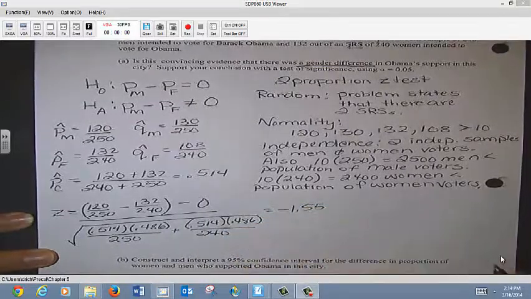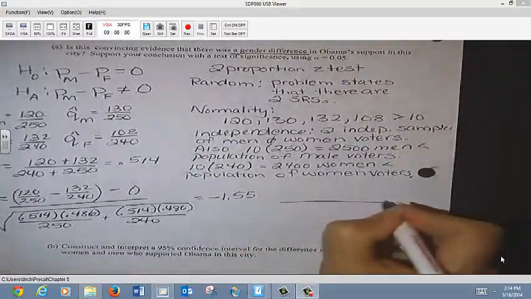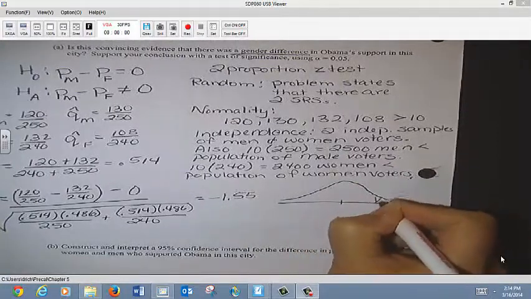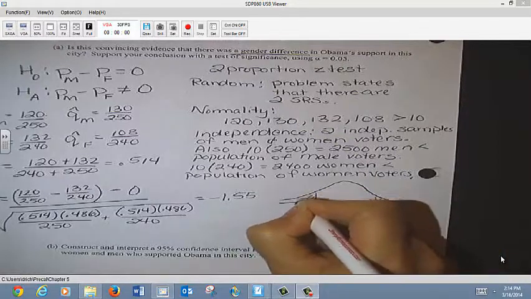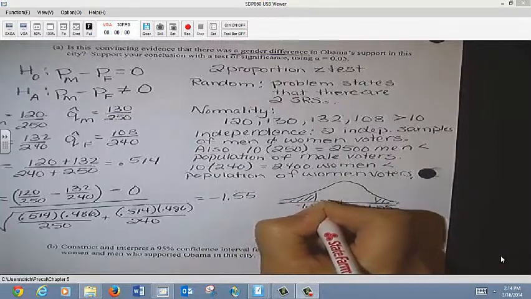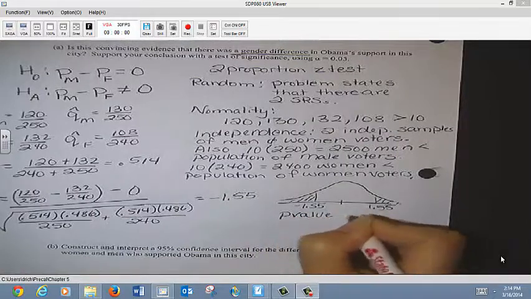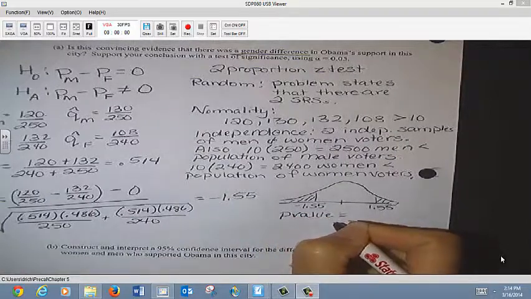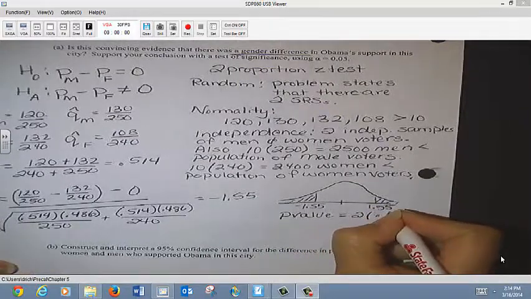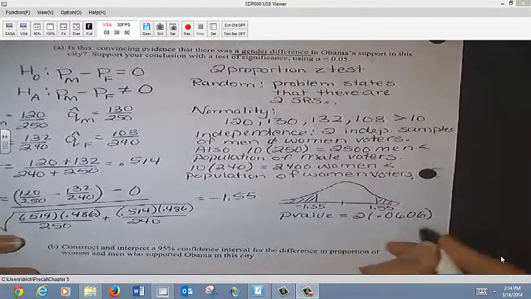So if we look at it on a graph, this is a two-tailed test, and so for it to be greater than or less than that z of 1.55 or negative 1.55, you can either use norm CDF or use the p-value on your calculator, but make sure it's doubled what you get if you push norm CDF, which is 0.0606 or somewhere about that, and 2 times that would be 0.1212. Not a very low p-value.